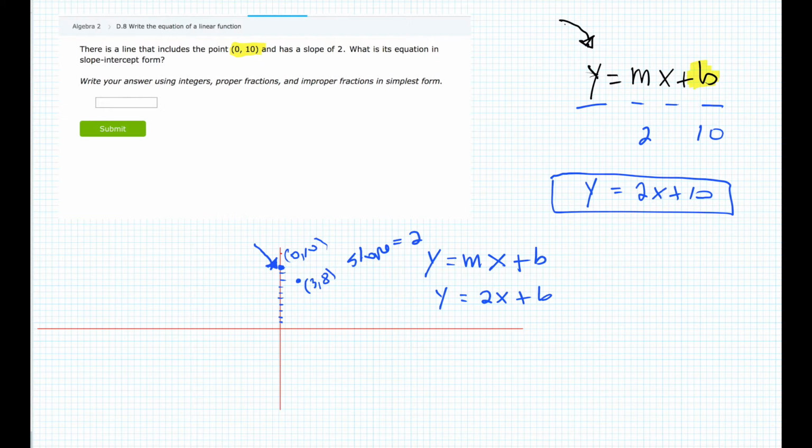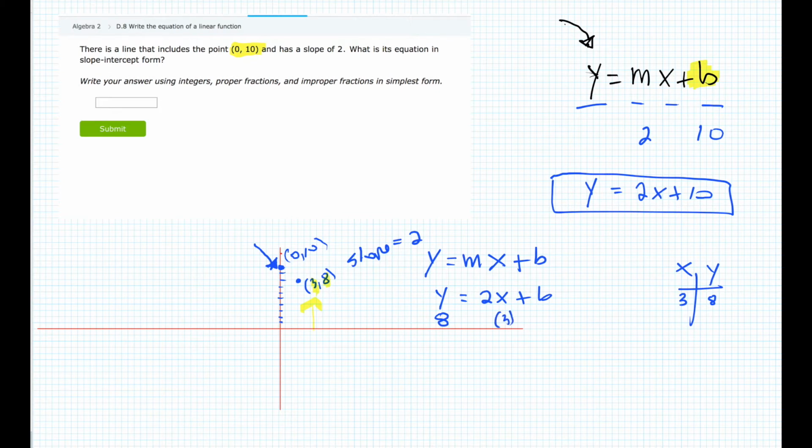But we know this and this. This is an actual x on the graph, and that's an actual y. Like with those t-charts, when x is 3, y is 8. So you can plug in your y value right here and your x value right here. Do you see what I just did?